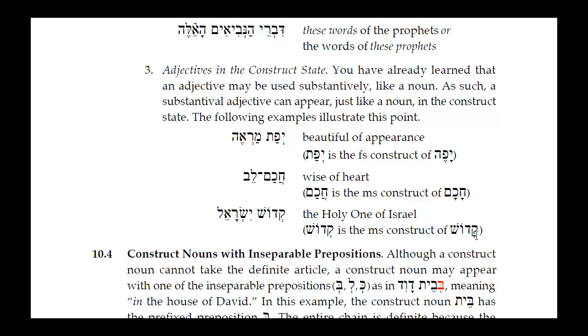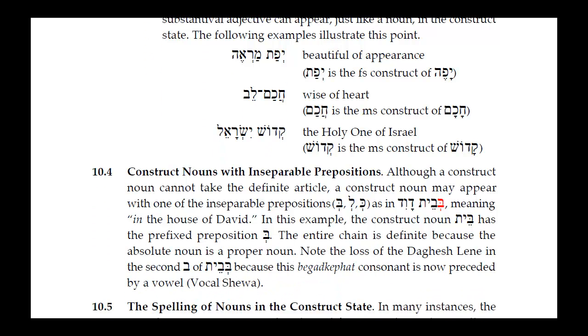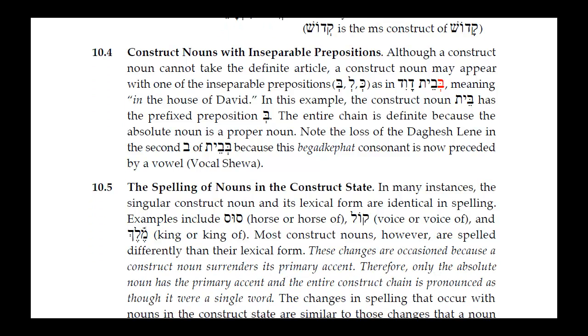And we would translate this as the Holy One of Israel. So you can see there's a vowel reduction from a qamets to a shewa here. That's one dead ringer to realize that it is a construct noun here. So again, we'll get into that in our next lesson.